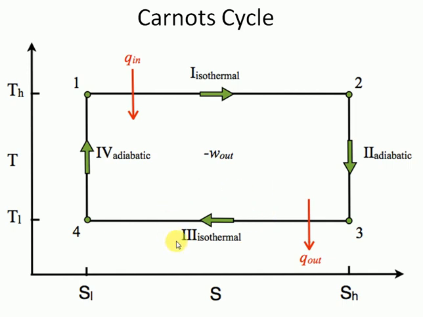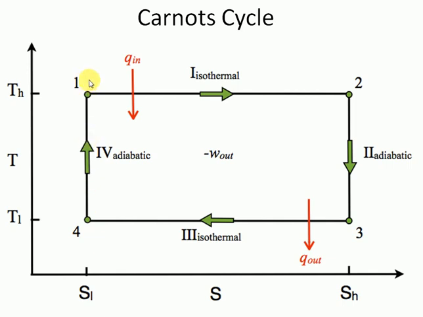When the degree of disorder is reduced, that indicates a decrease in entropy, and the same is indicated in the process 3 to 4. So process 3 to 4 is an isothermal heat rejection process, because heat is rejected in this process, and due to rejection of heat, entropy reduces.